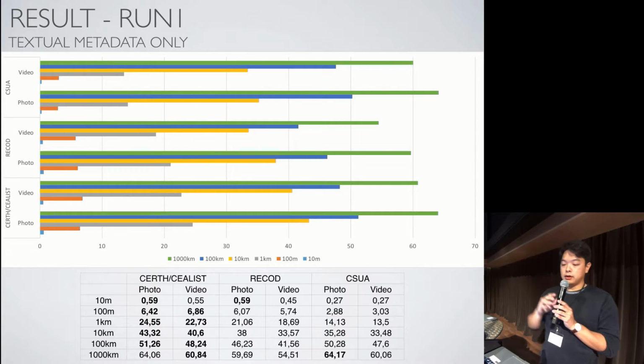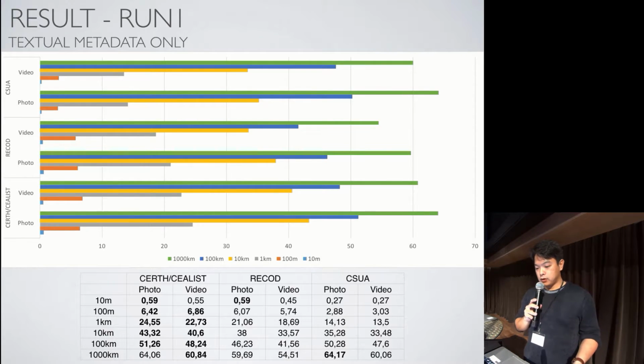So to give a little bit of overview of what the results look like. We saw that it's still very hard to estimate the location using text at 10-meter accuracy, which is the error range of the actual GPS.